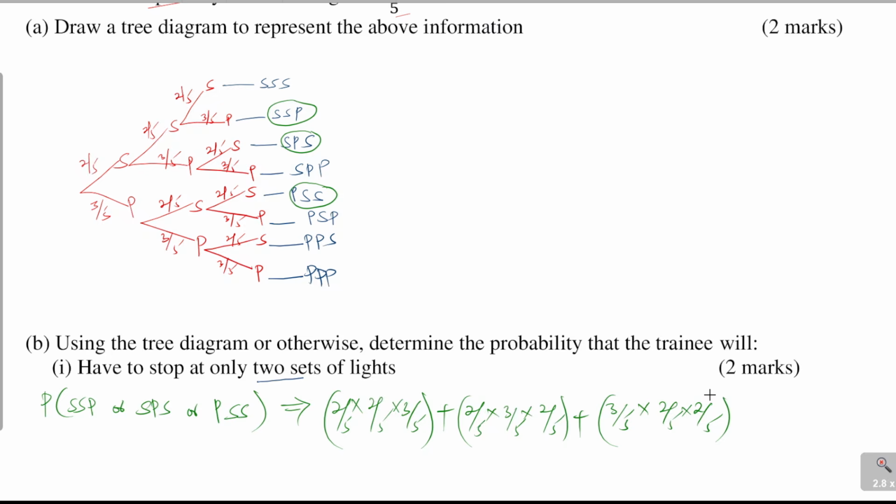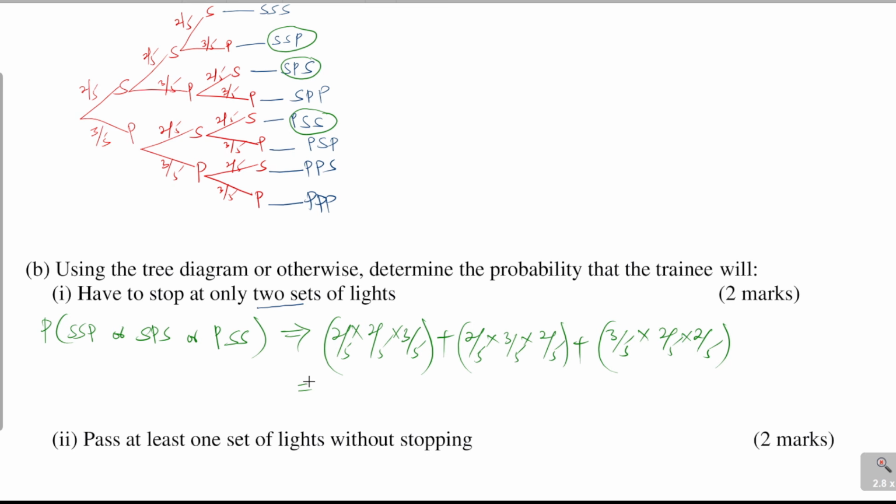So work out these, this would be 12 divided by 5 cubed, which is 125, plus this again will be 12 over 125, and also this one will be 12 over 125, which will give 36 divided by 125. So that is the probability.